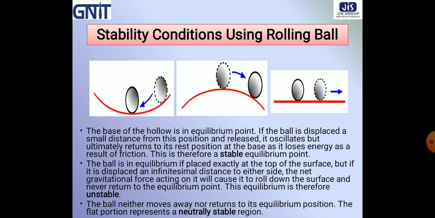If the ball is displaced a small distance, and if you release the ball from that distance, it will oscillate. It will oscillate like this, and after oscillation it will return to its rest position at the base as it loses its energy as a result of friction.